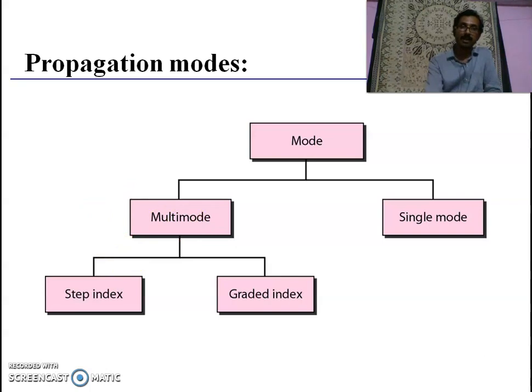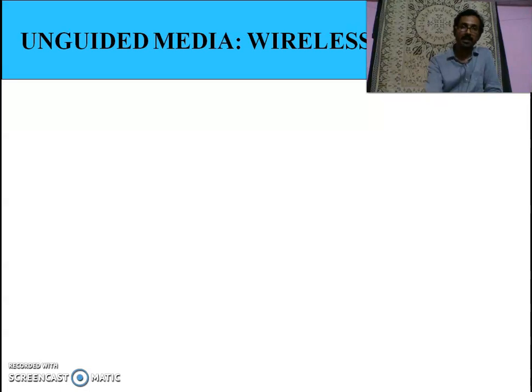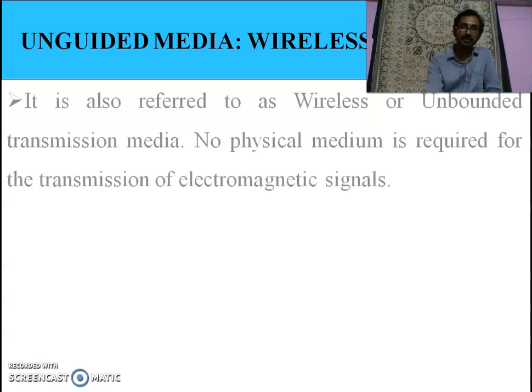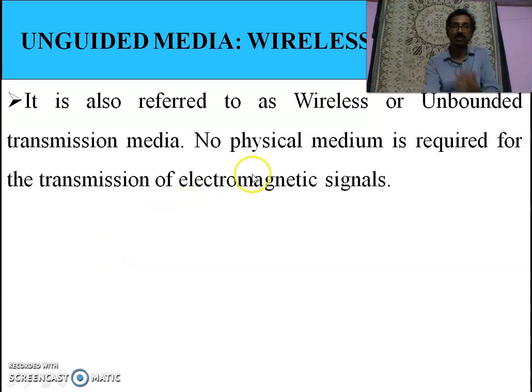And now we go for unguided medium, or wireless medium. It is also referred to as wireless or unbounded transmission media. No physical medium is required for transmission of electromagnetic signals. Electromagnetic signals travel in free space.